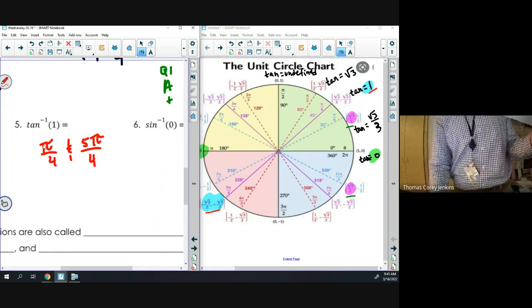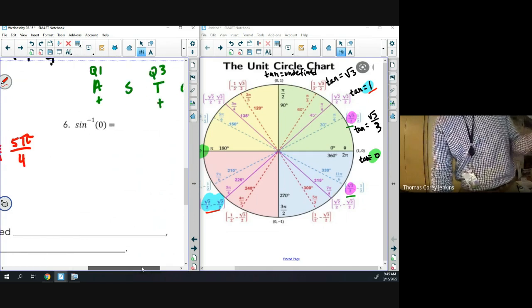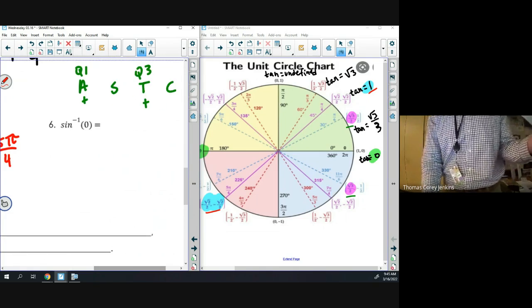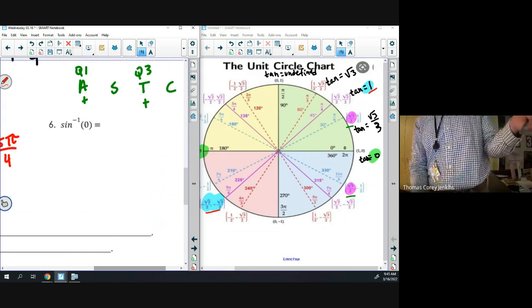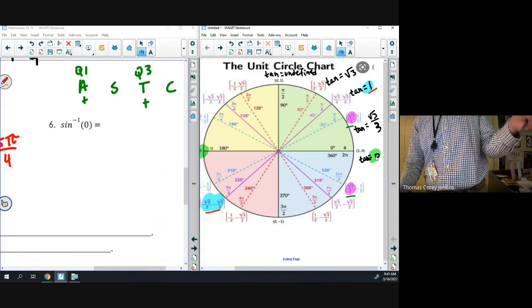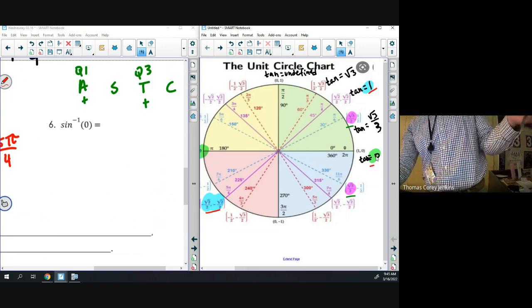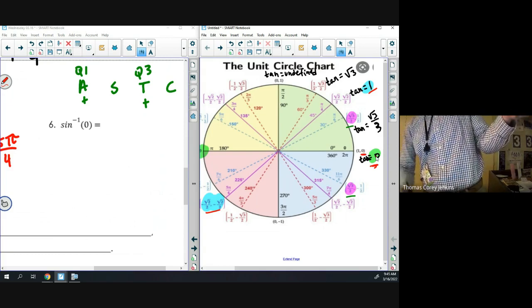All right, and lastly, on number 6, there are technically, I guess, 3 of them here, because we could call where sine is 0, that would be here. Sorry, I should have done the y coordinate.